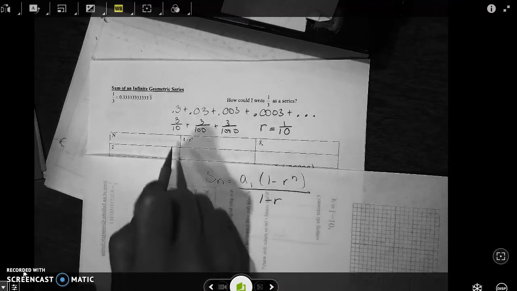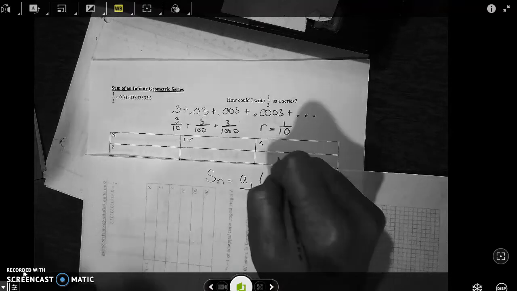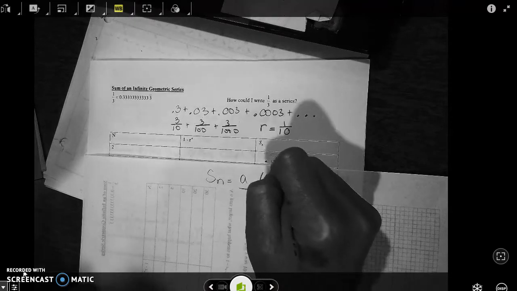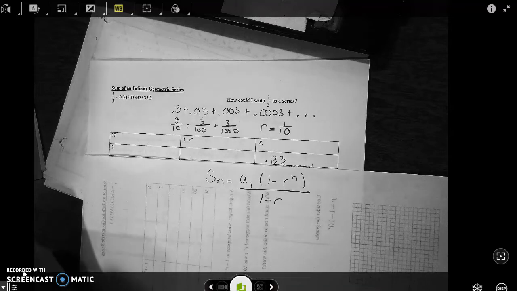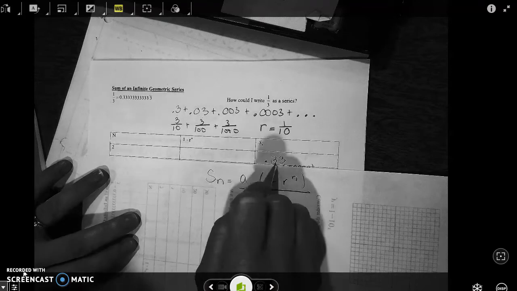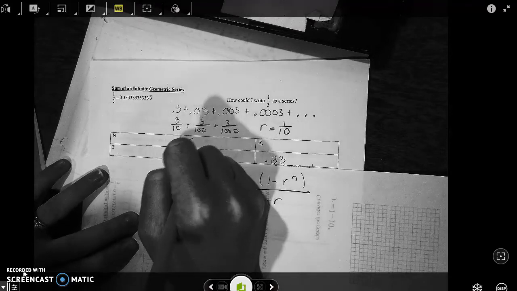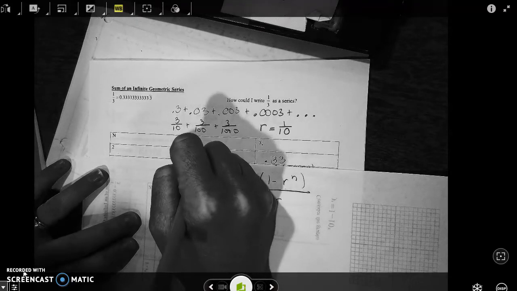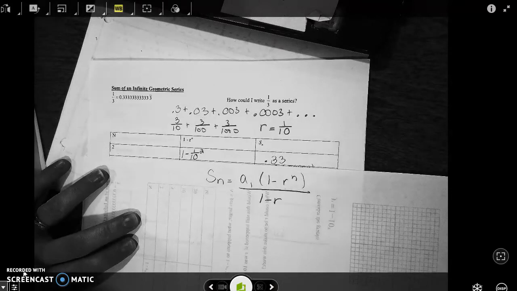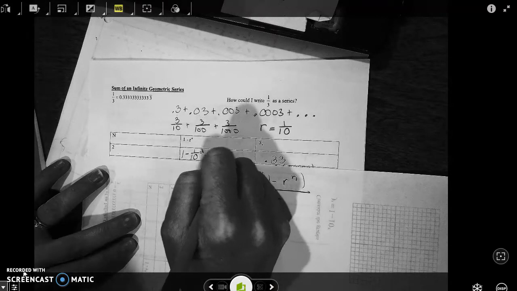We know that if we're adding the first two terms of this series together, our answer should be 0.33 when it's all said and done. So again, we're starting by adding the first two. We know what the sum is, but we're looking at a pattern here. If I work on the 1 minus 1/10 squared part, that should give me 0.99.